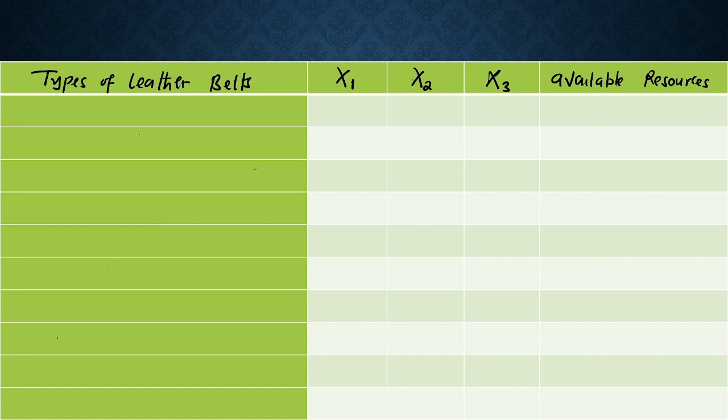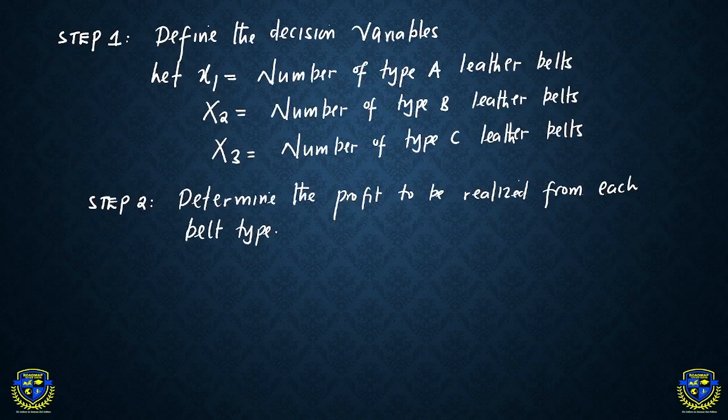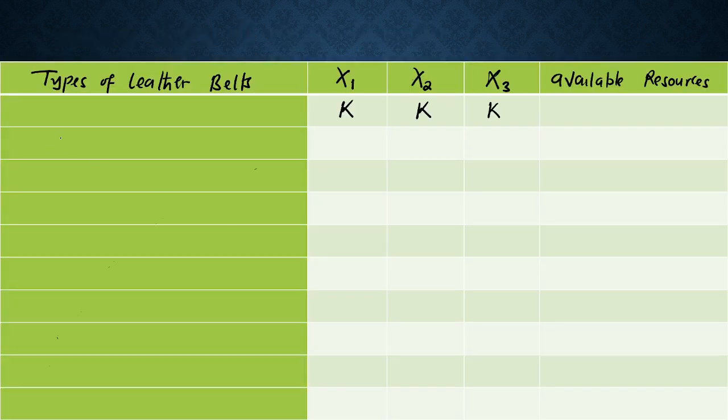Okay, now since we're looking at the cost here, if you look at the information that we have, we are told that the material cost for A is 700, B 520, C that is 300. Okay, so we'll start with material cost.